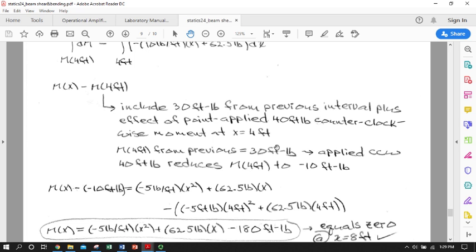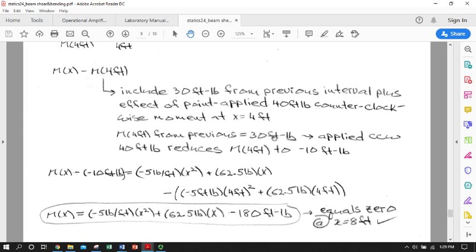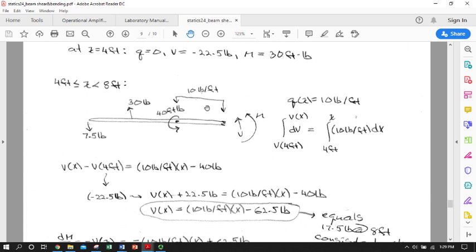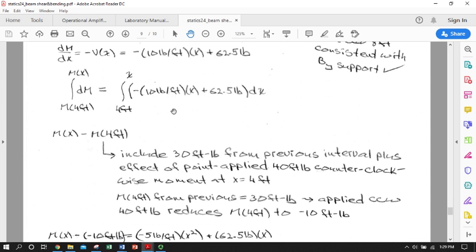So thinking about this from the sign standpoint of what this moment being delivered from the cut section would have to be: if this moment had to be 30 foot-pounds to keep this portion of the beam in static equilibrium back here, now I'm applying another 40 foot-pounds.